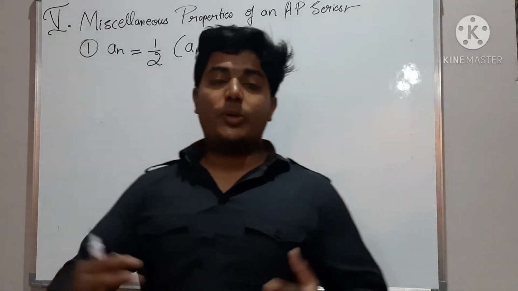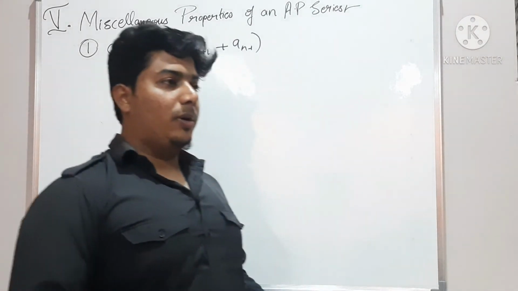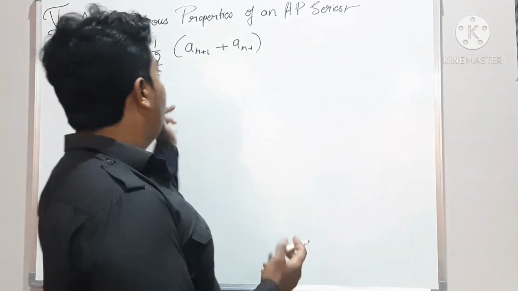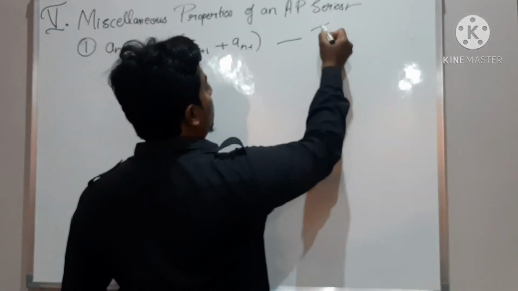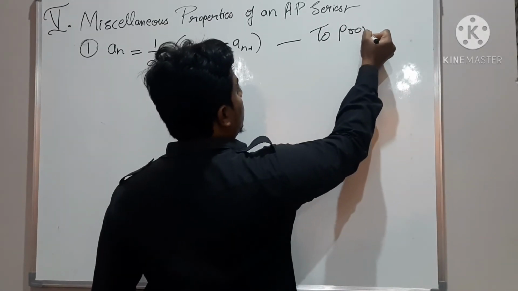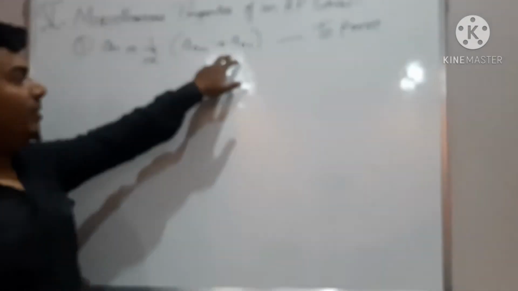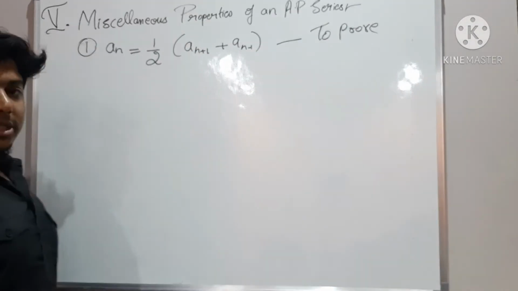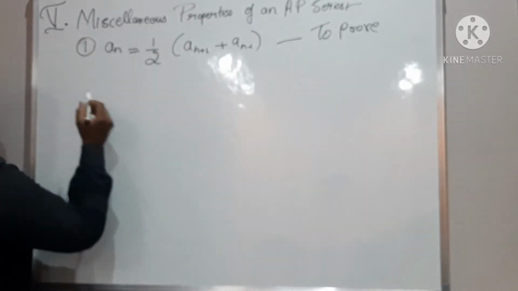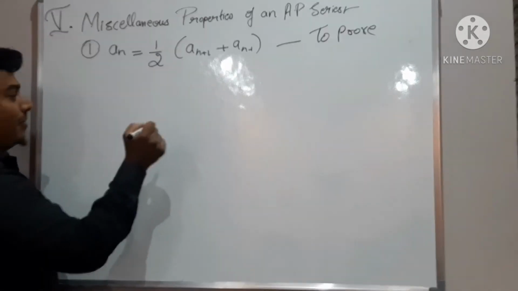And now a miscellaneous property for arithmetic progression series. In examinations, they usually ask to prove an is equal to half times an plus 1 plus an minus 1. To solve this type of problem, let us solve it step by step.